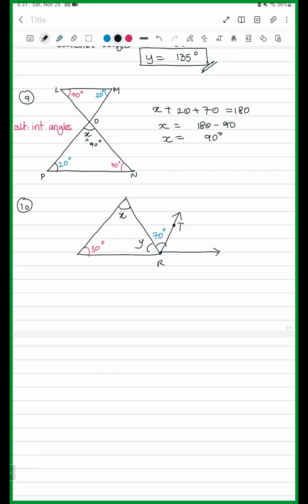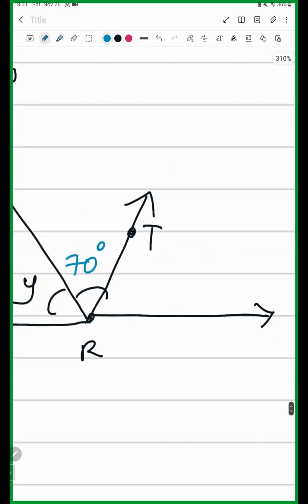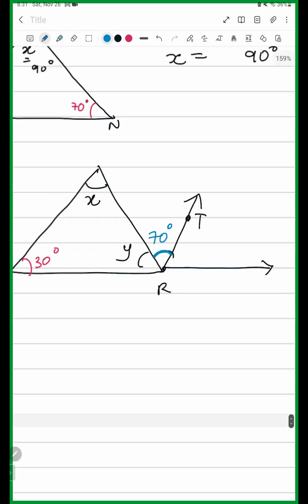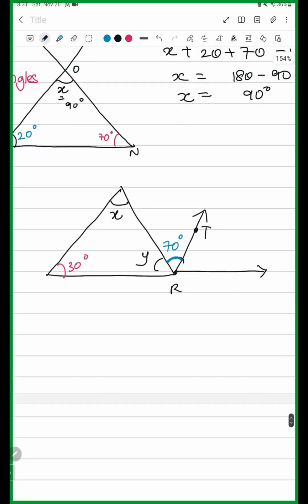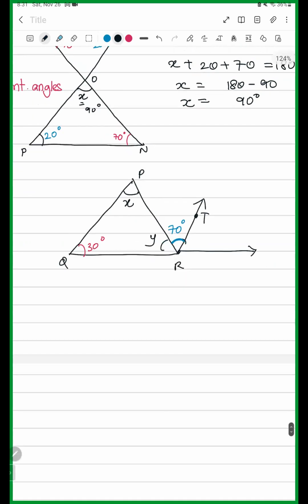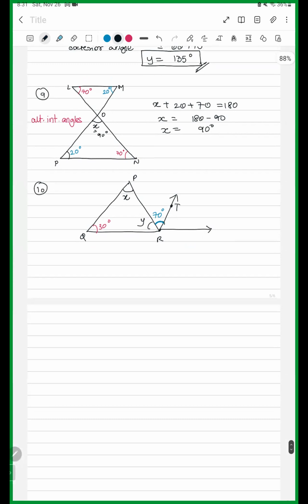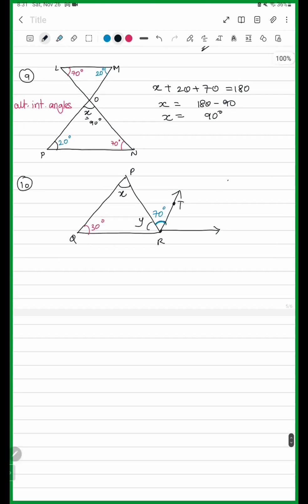Can you tell me which angle is 70? Let me show it to you properly here. This angle. The name of the angle is angle PRT.